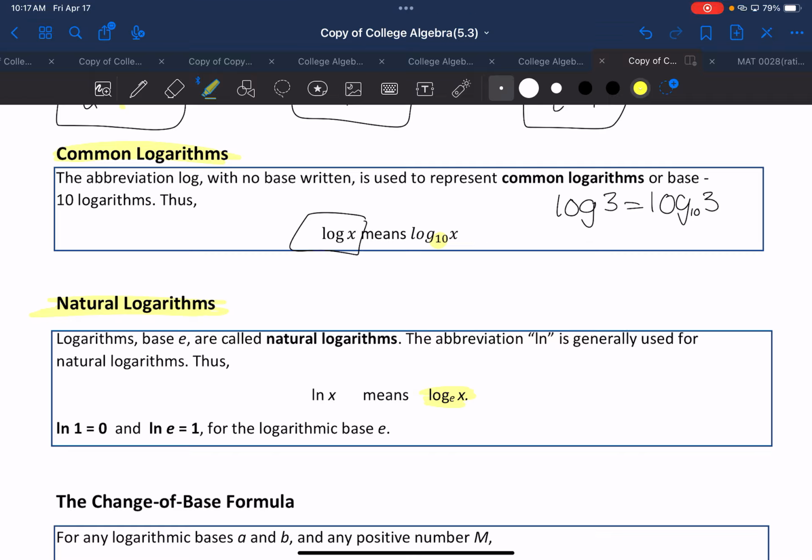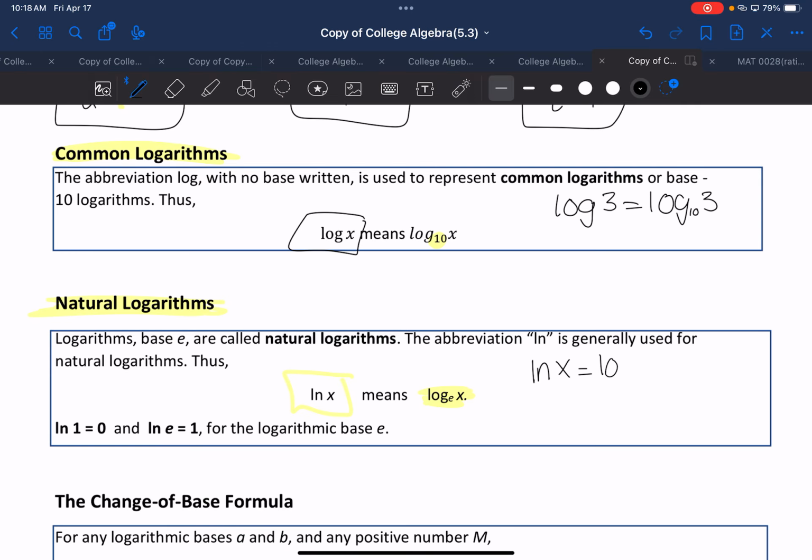If it has a base e, it's written like this: ln of x. So anytime you see ln of x, this is the same thing as log base e of x. Or ln of 3, this is the same thing as log base e of 3. But we just don't write it with the log because it's abbreviated, ln, for natural log, except it's kind of backwards.